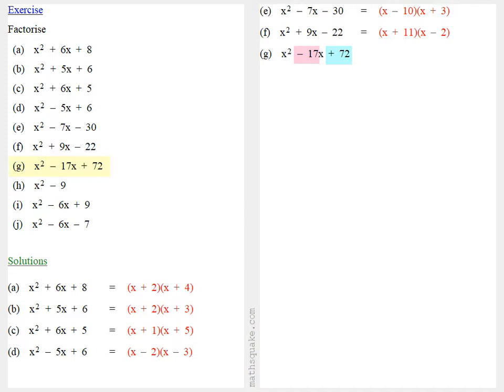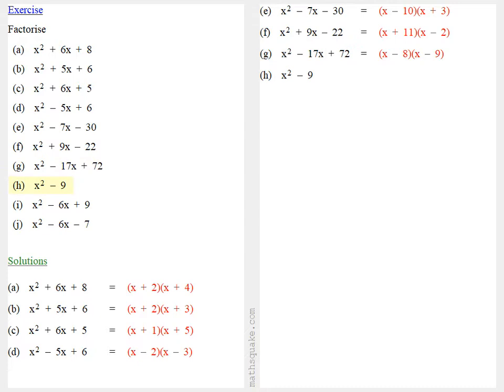Well, the numbers are minus 8 and minus 9. Minus 8 plus minus 9 is minus 17, and minus 8 times minus 9 is equal to plus 72. So that means the factors are x minus 8 times x minus 9.